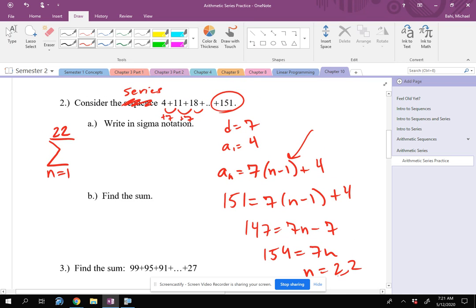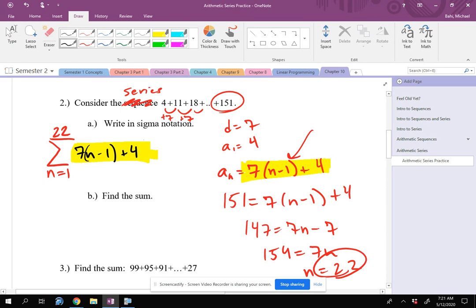So again, you see how I used the explicit formula to find the number of numbers in the pattern. And then over here, we're just putting in that part of the explicit formula. We don't usually have an equal sign in Sigma notation, except for this part that tells you what n starts off with. So 7 times (n minus 1) plus 4.